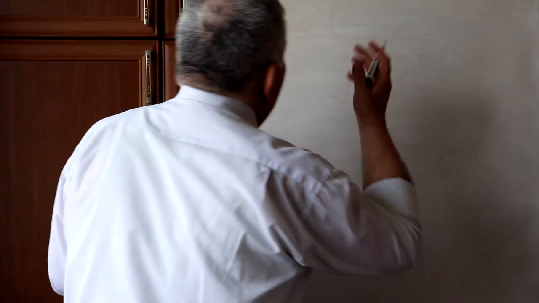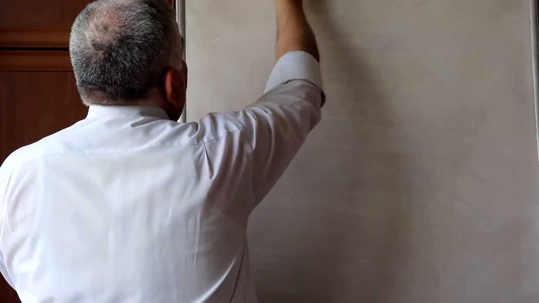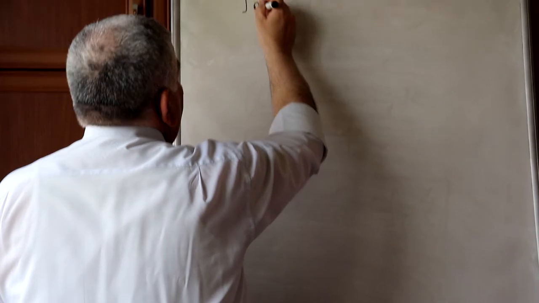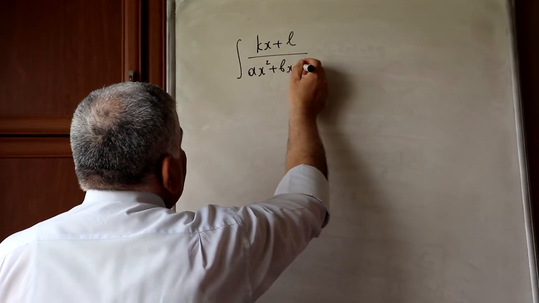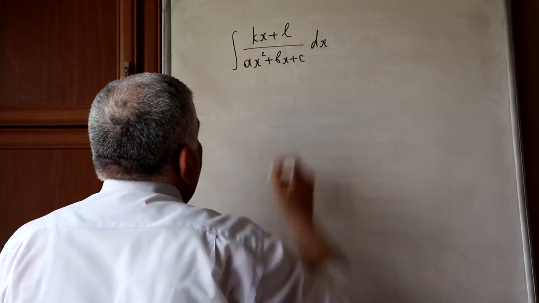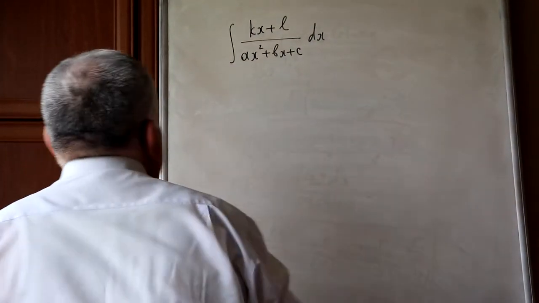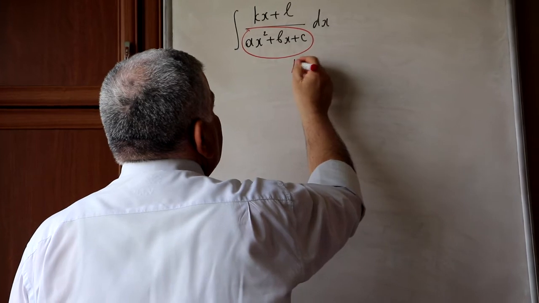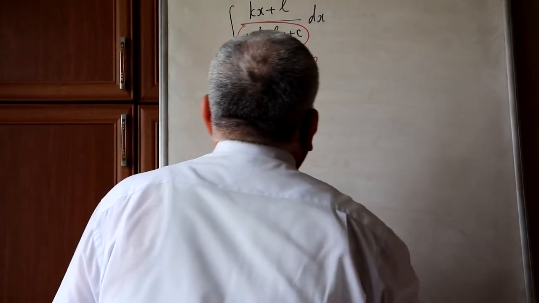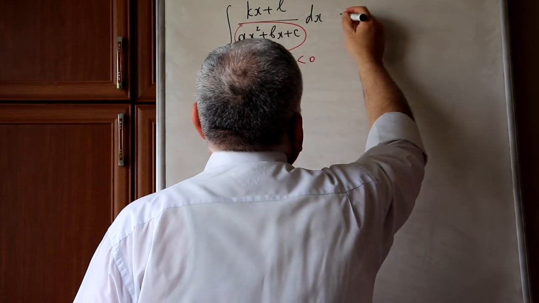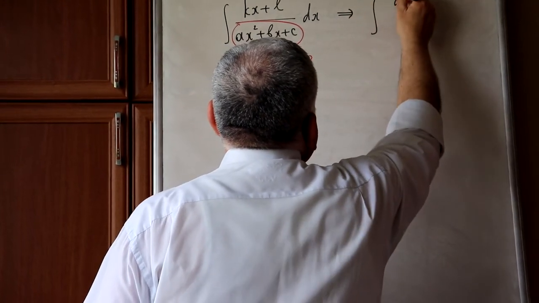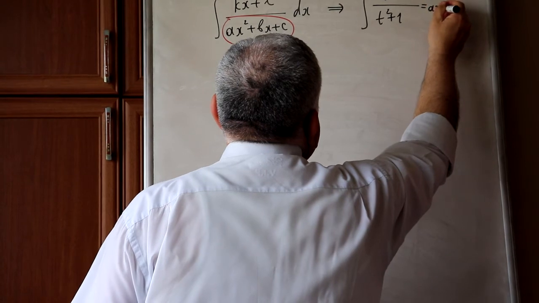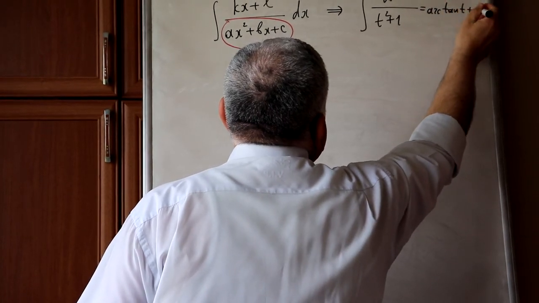If the integral of kx plus L over ax squared plus bx plus c dx is given, and the discriminant of the denominator of the quadratic expression is negative, then we can reduce such an integral to the integral of type dt over t squared plus 1, which is equal to arctangent t plus c.